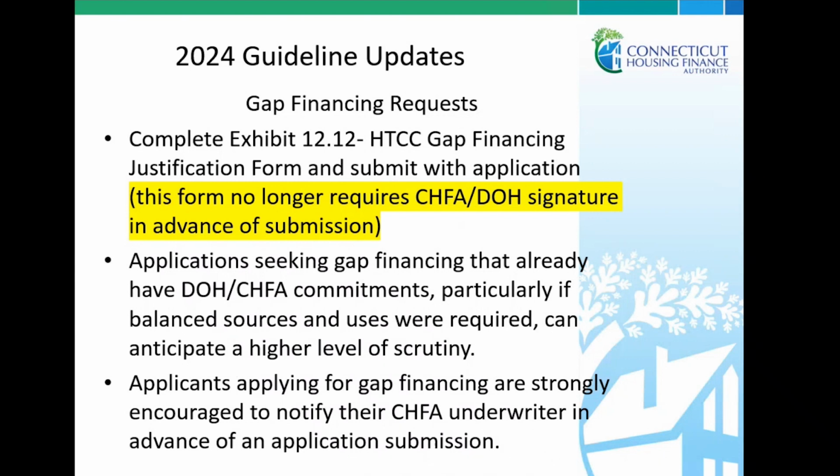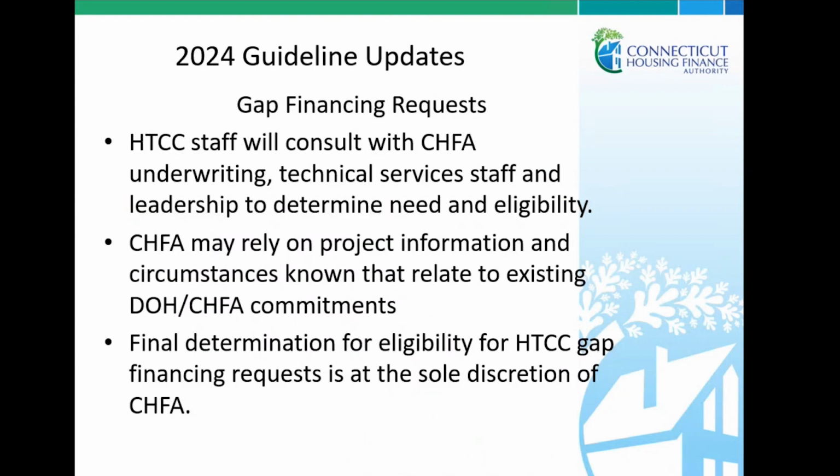Applicants applying for gap financing are still strongly encouraged to notify their CHFA underwriter in advance of the application submission. When we're evaluating these applications, we will be consulting with CHFA underwriting, technical services staff, and leadership when determining the need and eligibility. CHFA may rely on project information and circumstances known that relate to existing CHFA and DOH commitments. The final determination for eligibility is at our sole discretion.